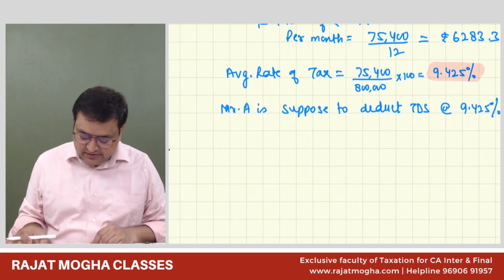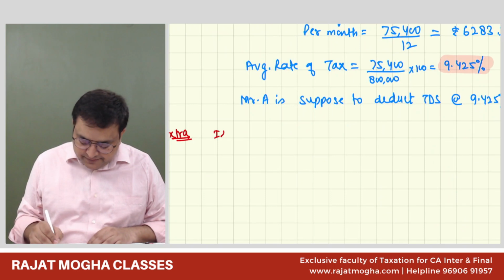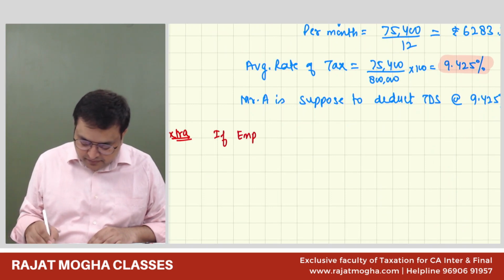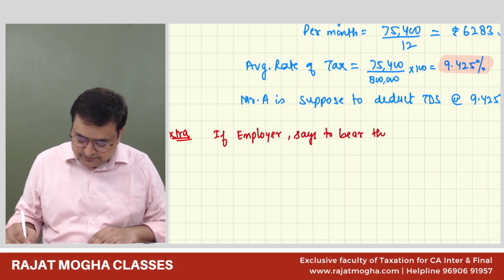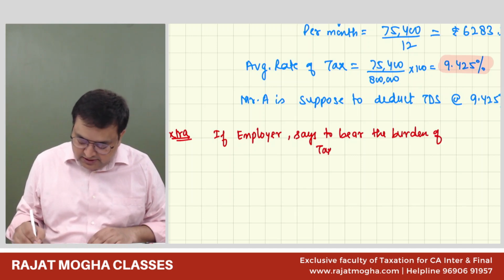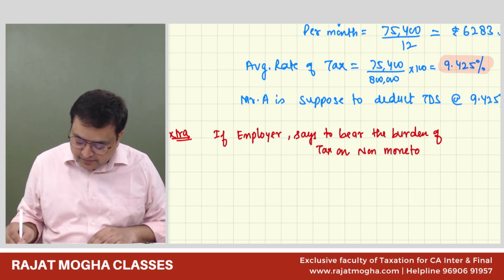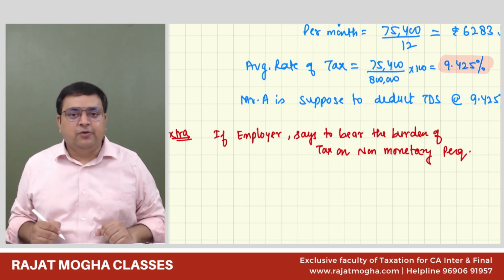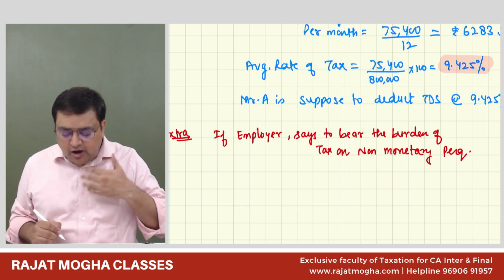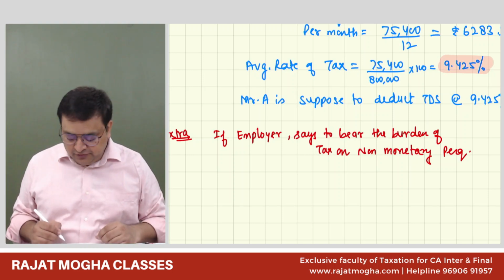This is something extra which I'm writing. You can also write. So if the employer says to bear the burden of tax on non-monetary perquisites, how much tax will he bear? It is simple.